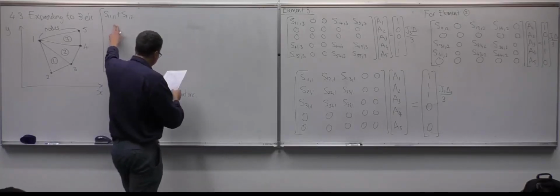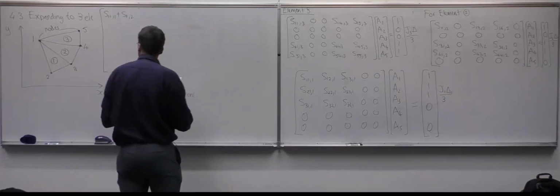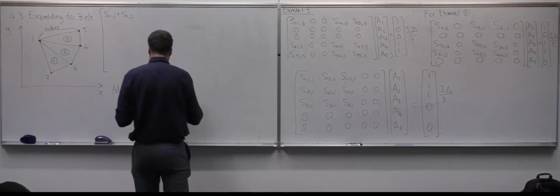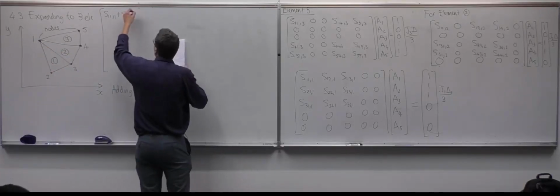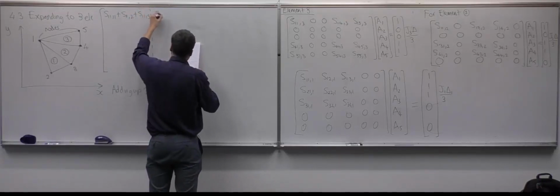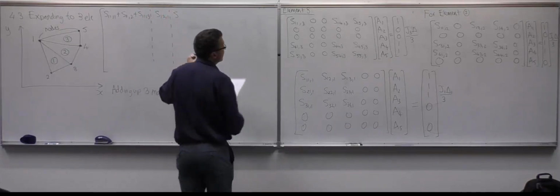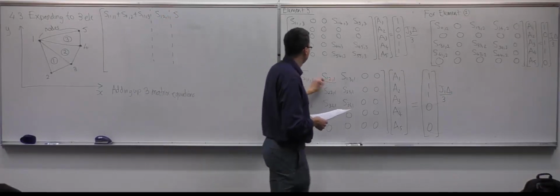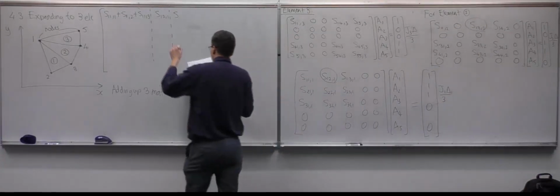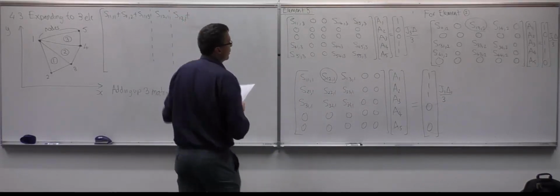So I'm adding this one up. We've got S111, S112, and S113. And they all contribute because all three elements share node 1. And then the next one is S121. And then the third one has got two terms here. So we have S131 plus S132.